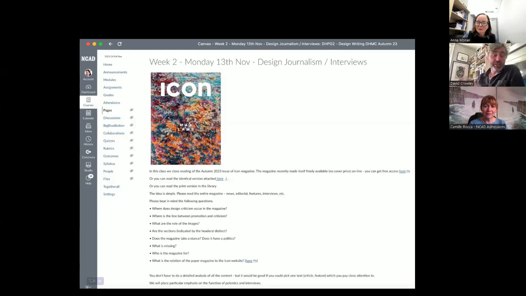So one class in this design writing block is we ask you to read an entire issue of the latest, probably Icon, then we'll choose another magazine next year, every page through the advertisements, editorial reviews and so on, to try and understand what design journalism is, to think about the pressures of a promotional culture, and to understand the extent to which design is a critical practice as well. Then the seminar is a discussion of that text. So we're really interested in different forms, different registers of writing.